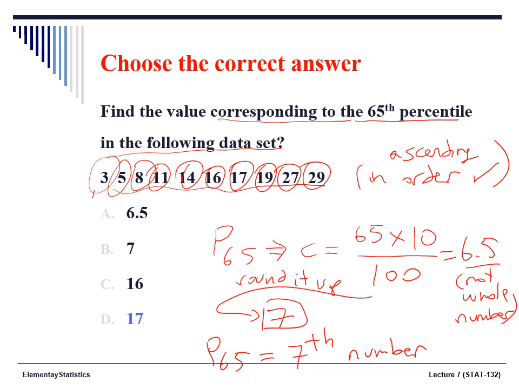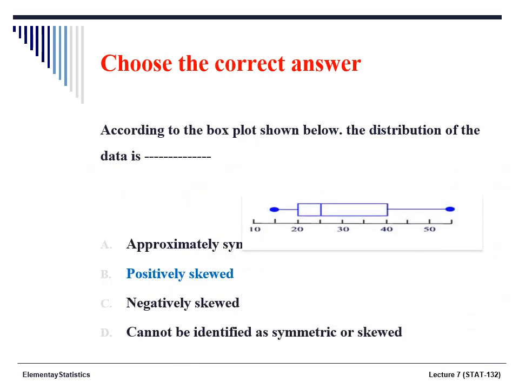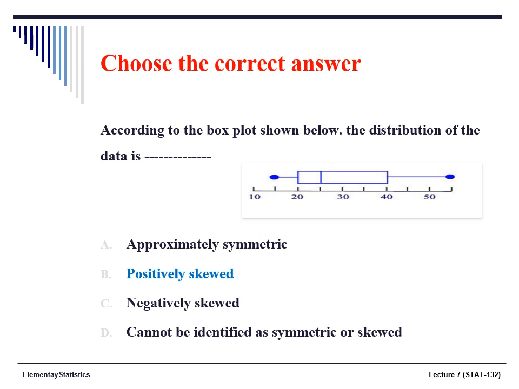So 7th number: 1, 2, 3, 4, 5, 6, 7. Okay, now it's 17 then. The 7th number is 17.